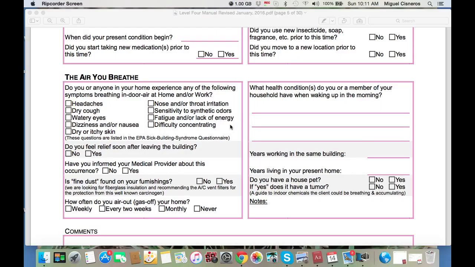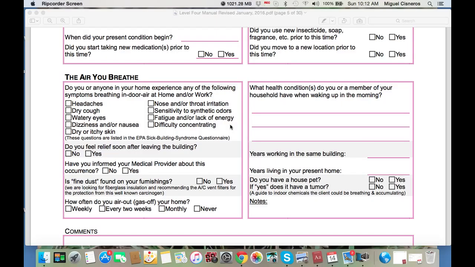We're looking for fiberglass insulation and recommending the AC vent filters for the protection from this well-known carcinogen, especially for that woman that is pregnant or just had a baby or they have children at home. They're being covered with this dust, which is a well-known carcinogen, and it's easy to fix just with an AC vent filter placed on the AC vent.